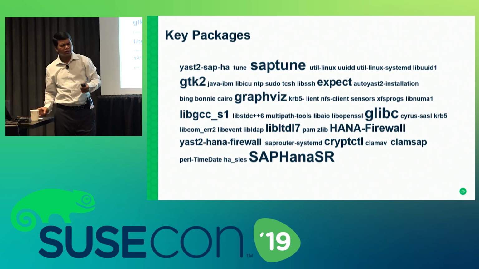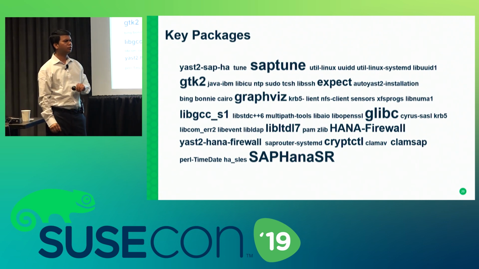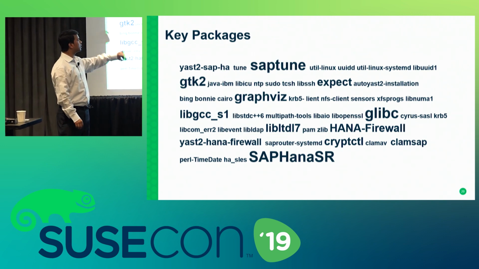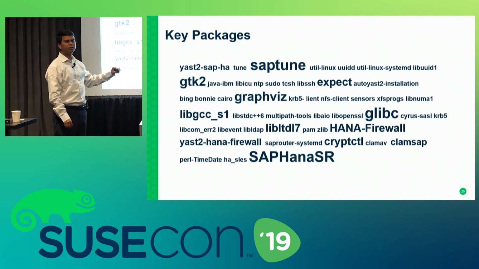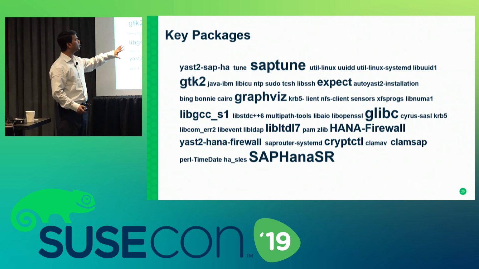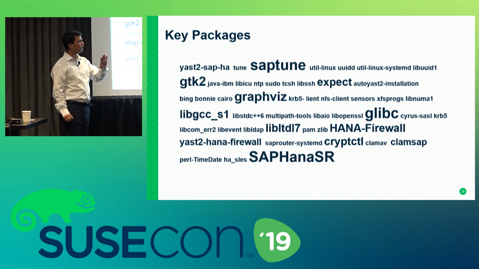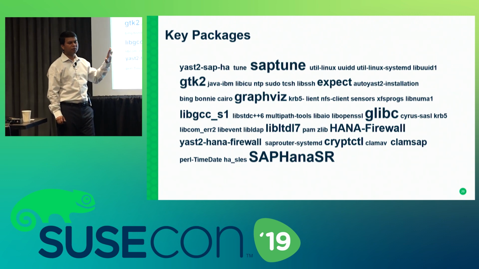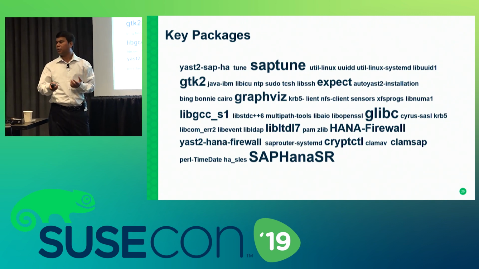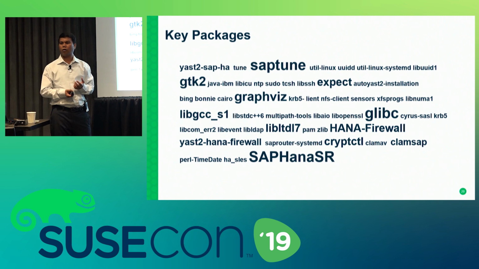Again, these are the key packages that, if you go to SUSE's tuning guide or configuration guide, they will say are the set of packages you want to include. Again, you don't want to include all the packages unless it's required and you understand what the package is doing. Also understand the dependencies before including or excluding a specific package.